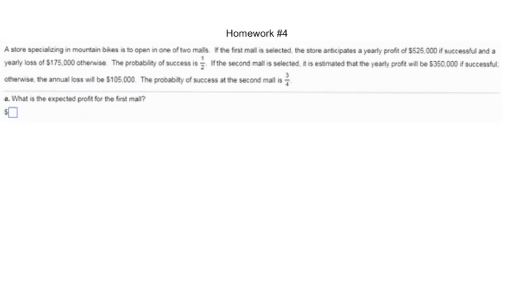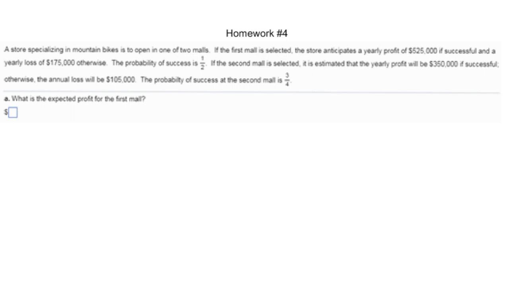This problem comes from a My Math Lab homework, and it's homework problem number 4. And it reads, a store specializing in mountain bikes is to open in one of 2 malls. If the first mall is selected, the store anticipates a yearly profit of $525,000 if successful, and a yearly loss of $175,000 otherwise. The probability of success is 1/2.